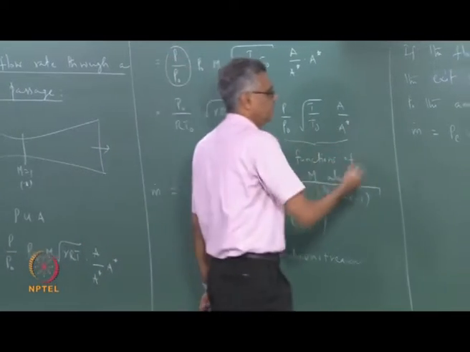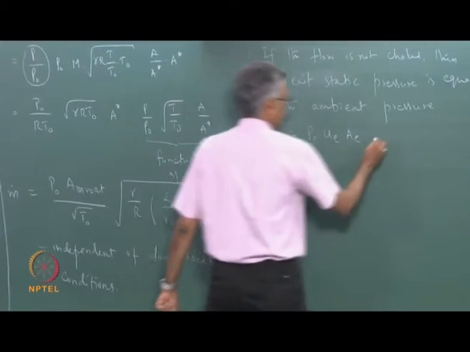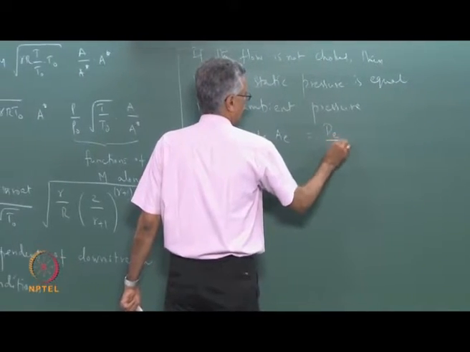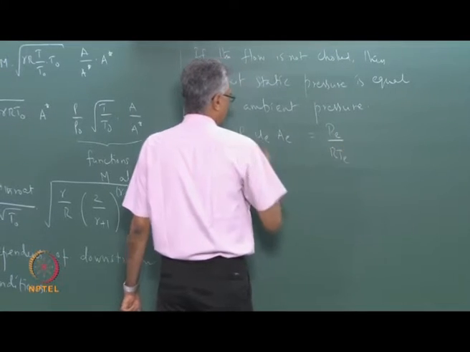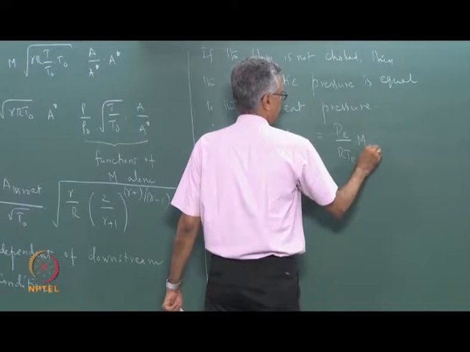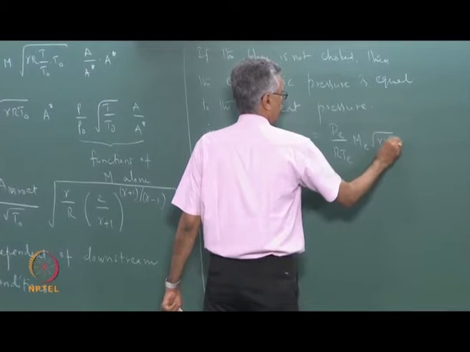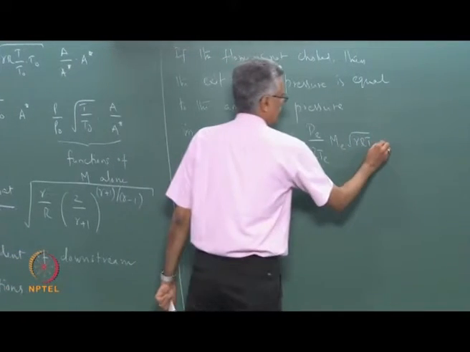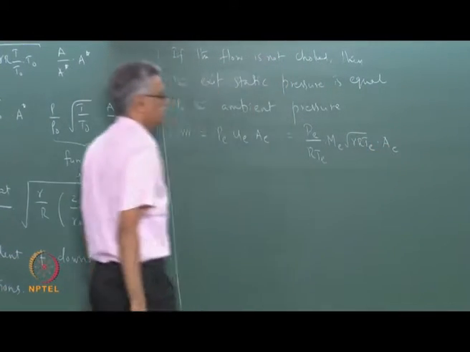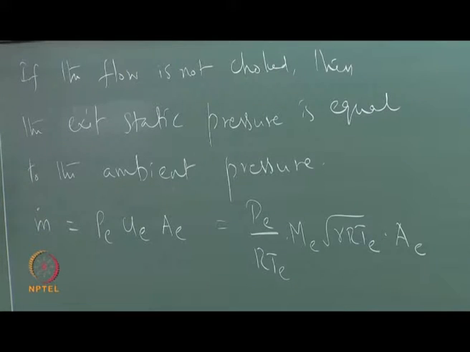Right. We can rewrite this in the same manner as we did earlier. I can write this as PE over R TE, and UE itself can be written as ME times square root of gamma R TE, and I can leave AE as it is. Exit area is known. Okay.